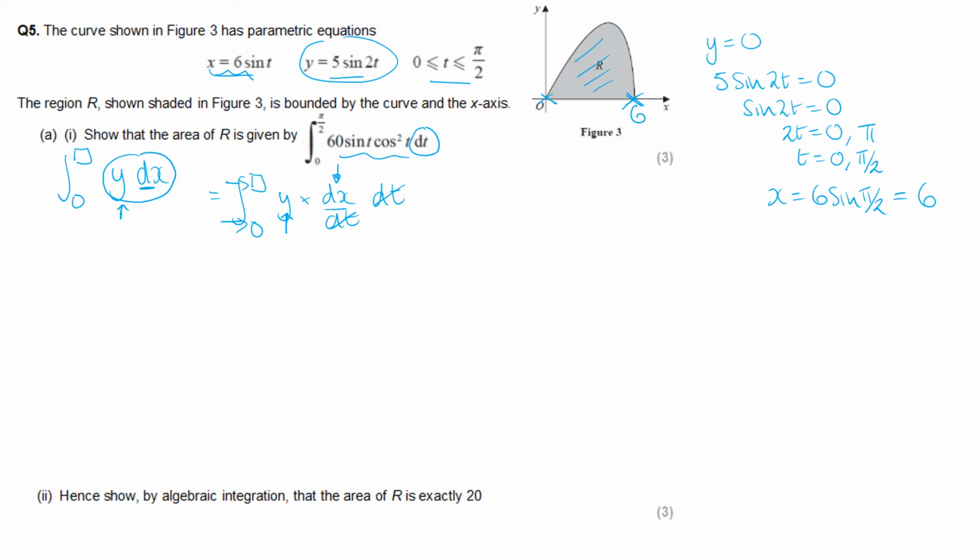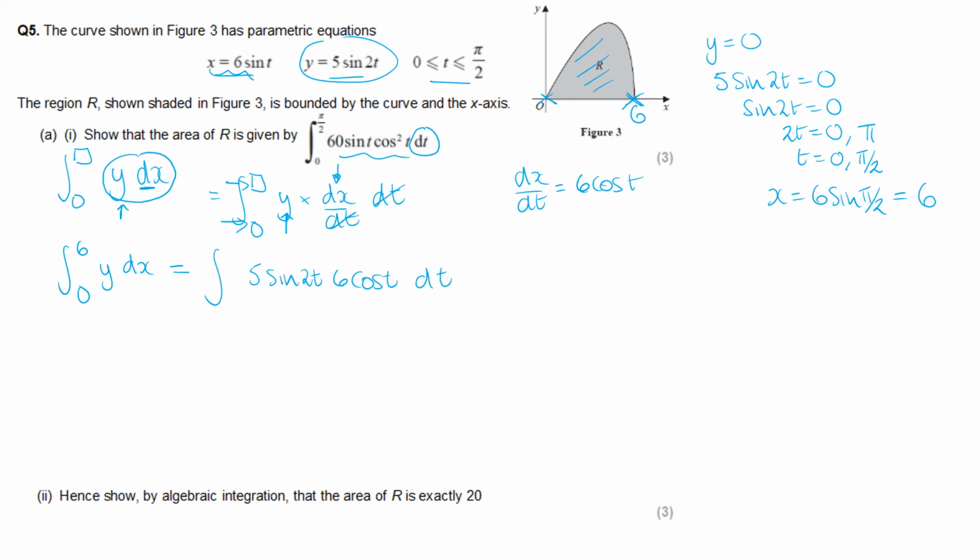So really we are integrating between 0 and 6 of y dx, and that is equivalent to, in terms of t, the 5 sine 2t times the differential of x, dx by dt, which is equal to 6 cos t. So that would be times 6 cos t, and then we would be doing dt.